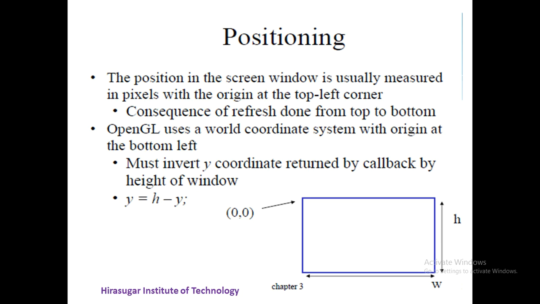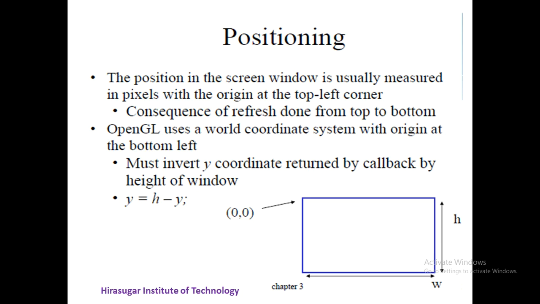This is a consequence of refresh being done from top to bottom, right? Refreshing always starts at 0 0, the top left corner, goes right, comes left, goes right, comes left, coming down every time. I told this during refresh, when we discussed the CRT.